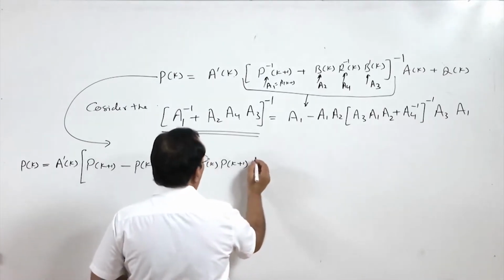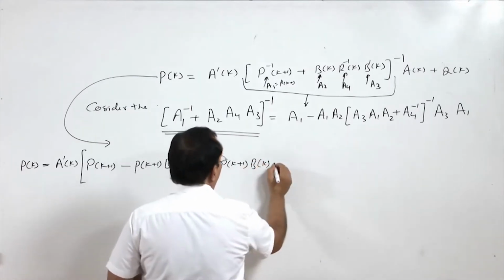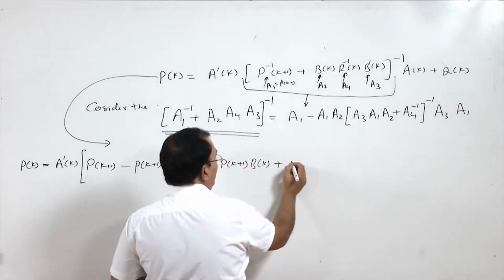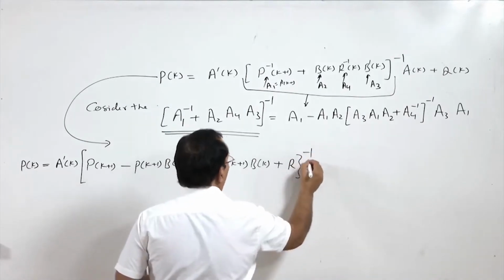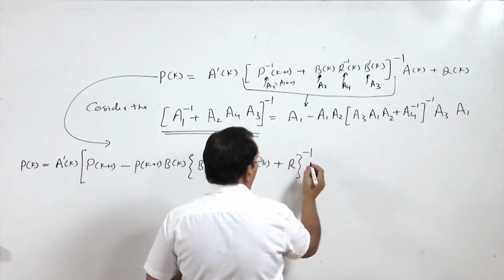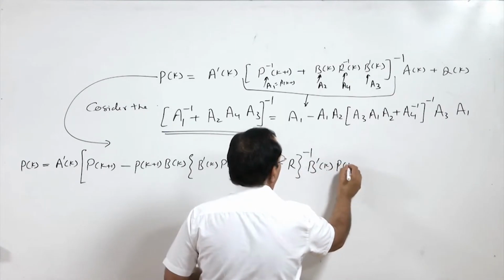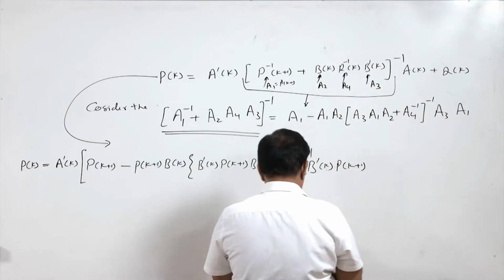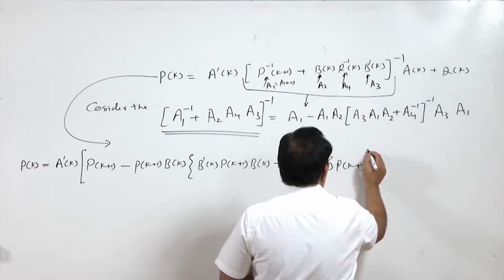A3 A1 A2 is nothing but my B prime k Pk plus 1 Bk, plus A4 inverse, where A4 is my R inverse. So, this I can simply write as R, and the inverse of this matrix, then A3 A1, that is B prime k Pk plus 1. So, this is the expansion of this whole matrix inverse.